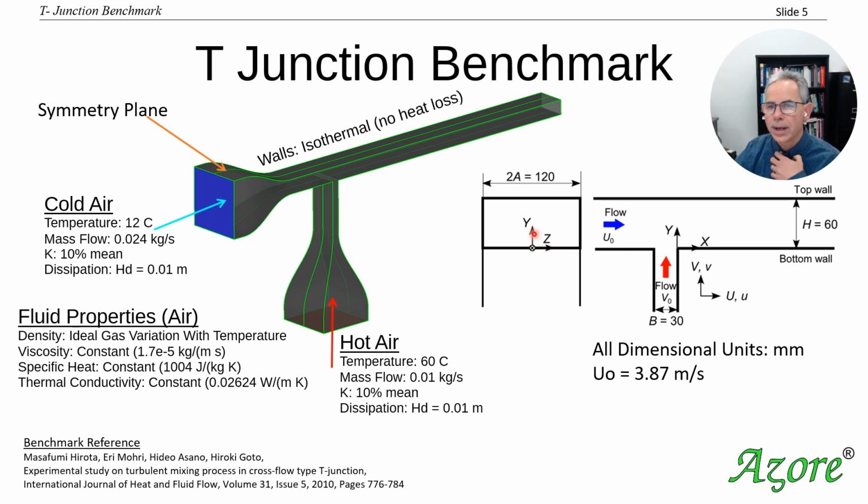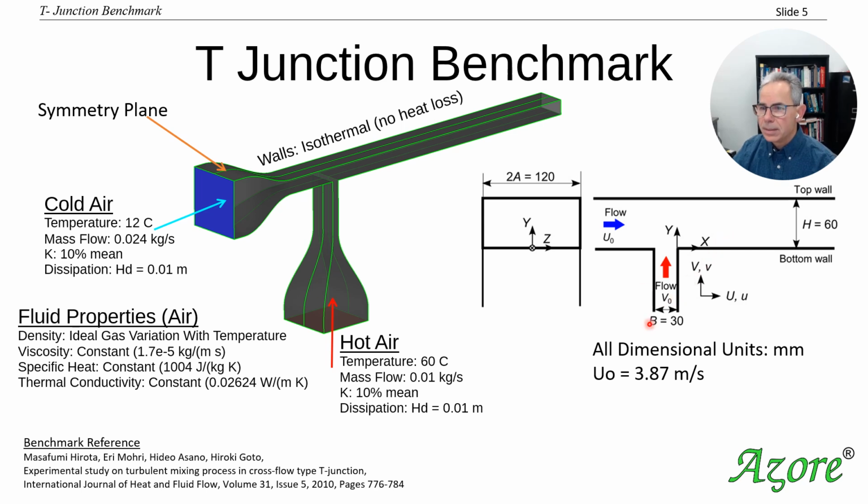We'll measure information in the y direction as it goes up from the bottom of the duct to the top of the duct. For the horizontal duct, we're going to start our coordinate system just to the right of where the hot gases are introduced. We're going to call that our x coordinate, and that will travel from there to the right in the flow direction.